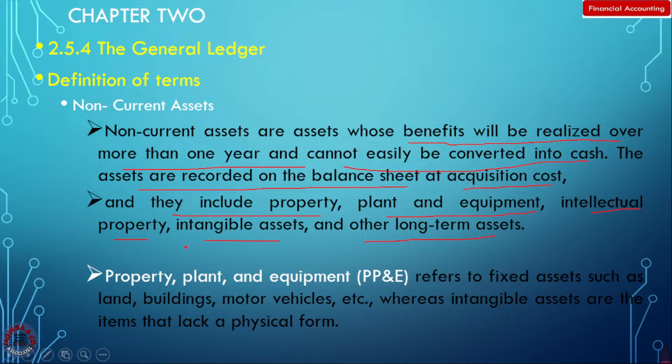So we have property, plant and equipment, which refers to fixed assets such as land, buildings, and motor vehicles, whereas intangible assets are assets that lack physical form.